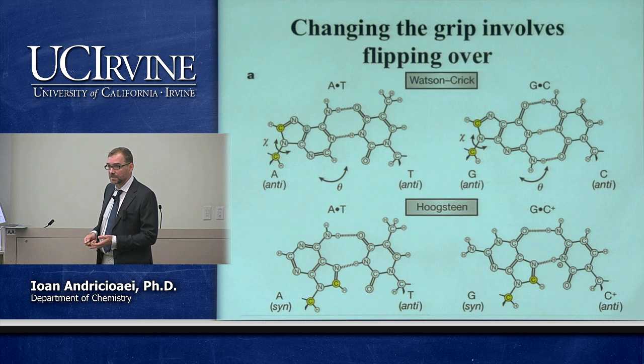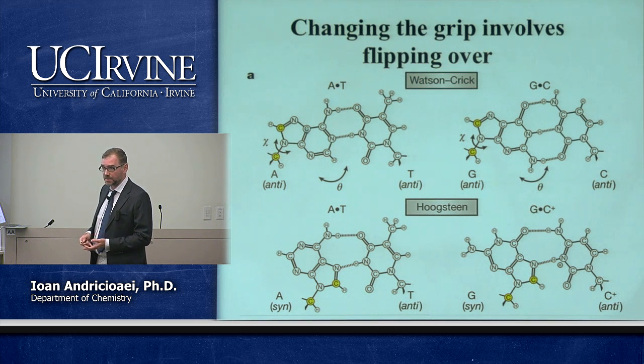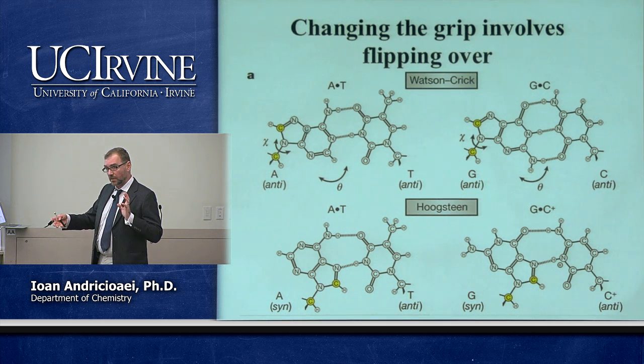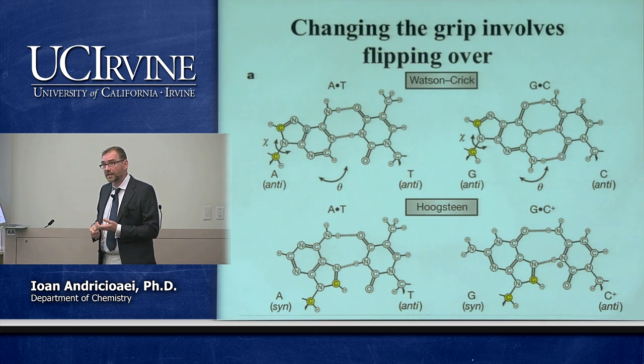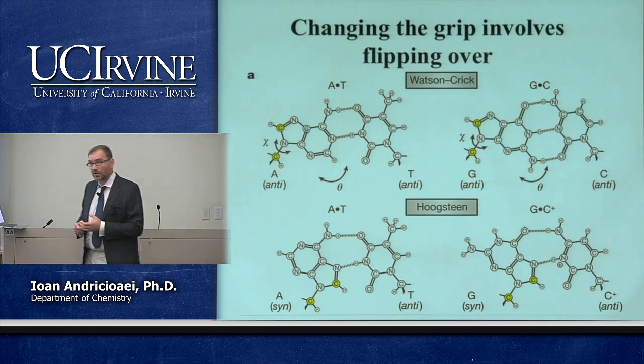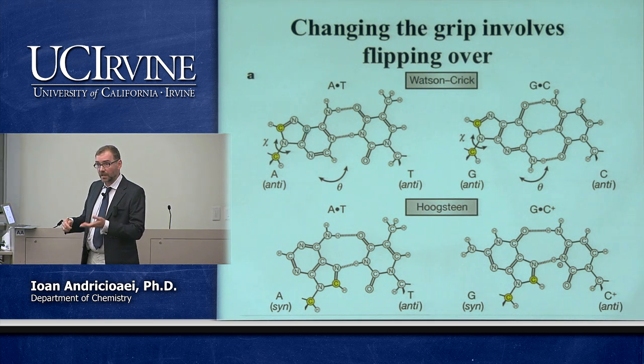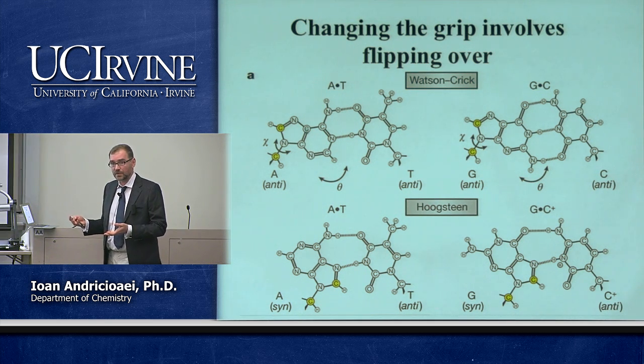It has been predicted and seen many times before, but it has always been seen in contexts in which a protein binds DNA and deforms it severely. The Hoogsteen base pair has never been seen in what we call naked DNA, which means DNA in solution in the absence of protein.